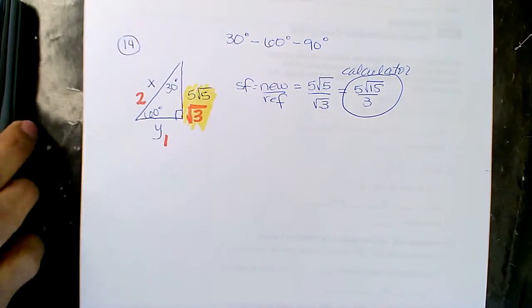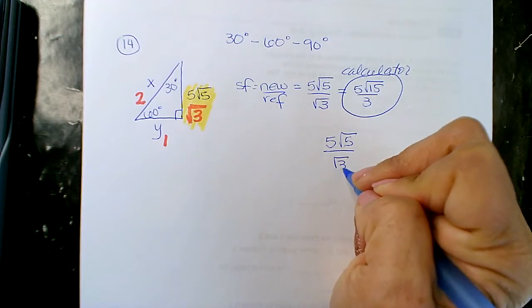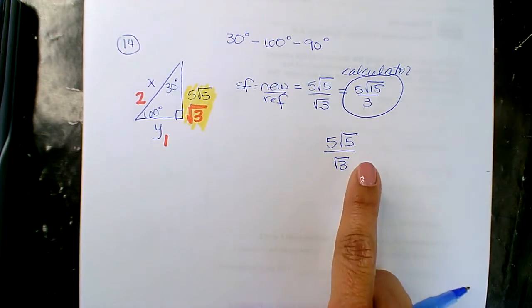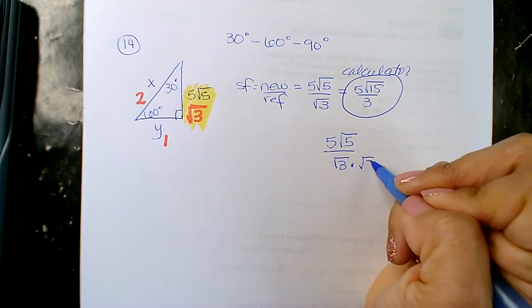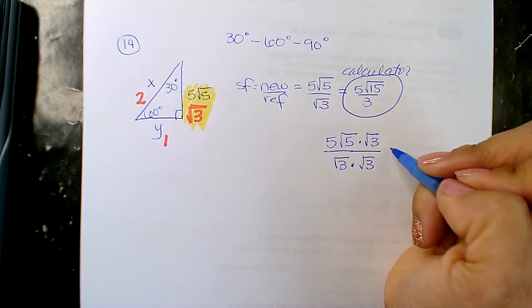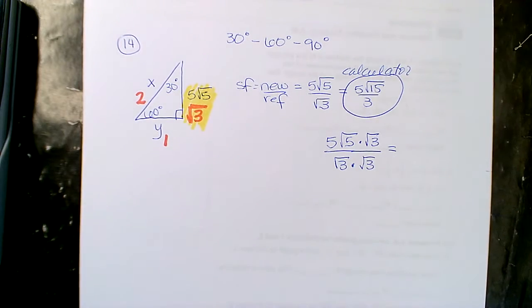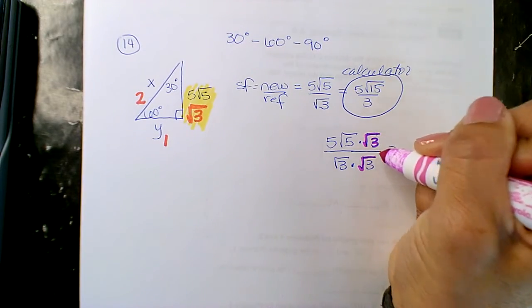Okay, but let's do it by hand. Why did it do that? Why did the calculator know how to simplify it? You are not allowed to have a radical as a denominator. So, how do you make a radical number, a radicand, become an integer? Multiply it by itself.